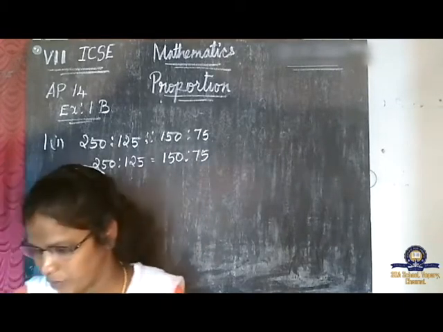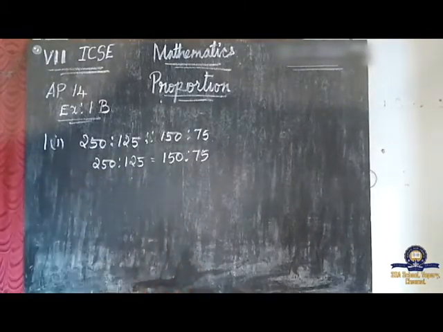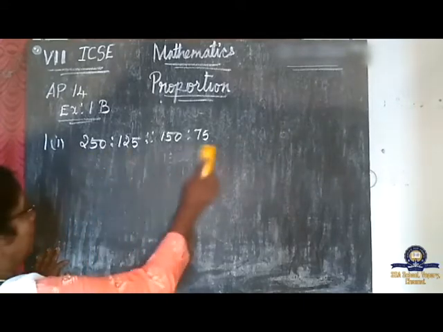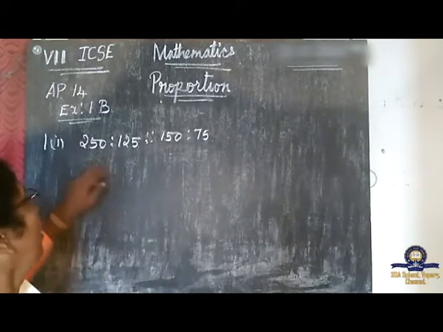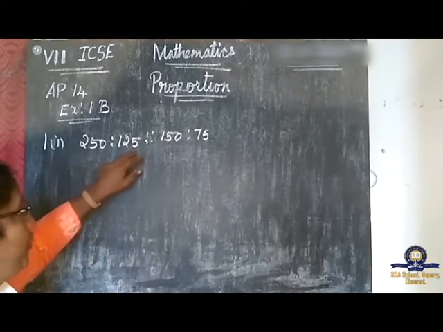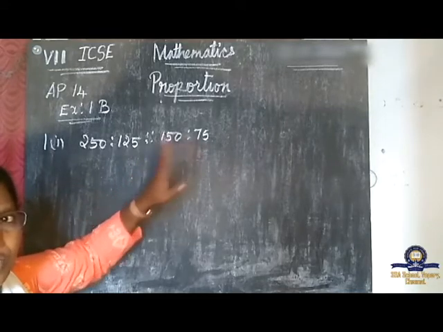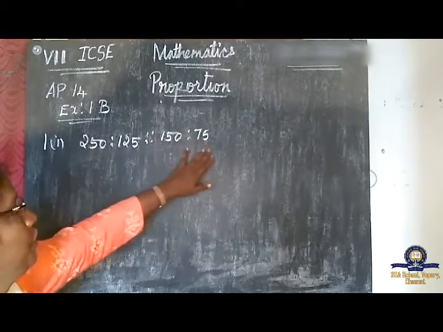Let me explain once again. Listen here. Four terms I have here: 250, 125, 150, 75. First term, second term, third term, fourth term.